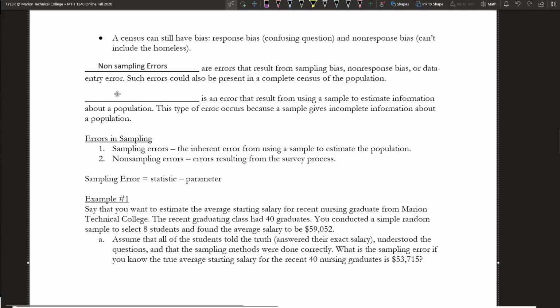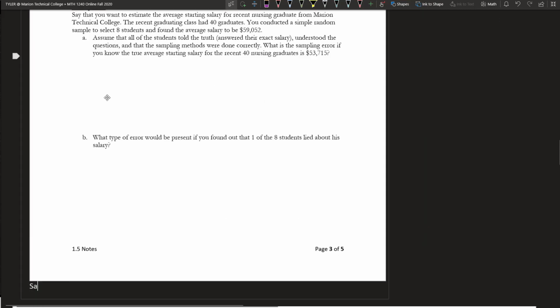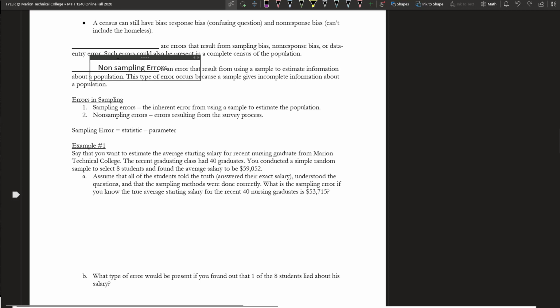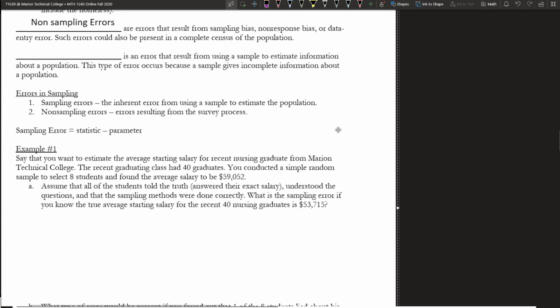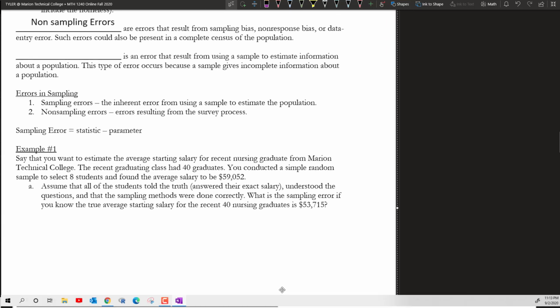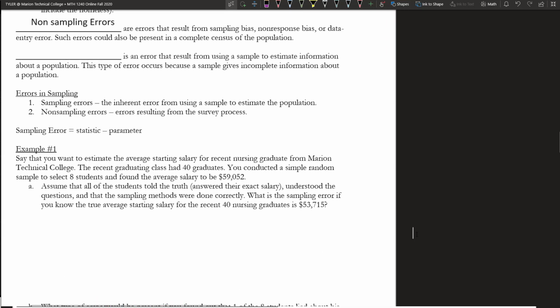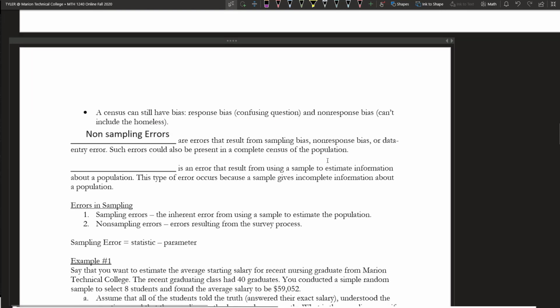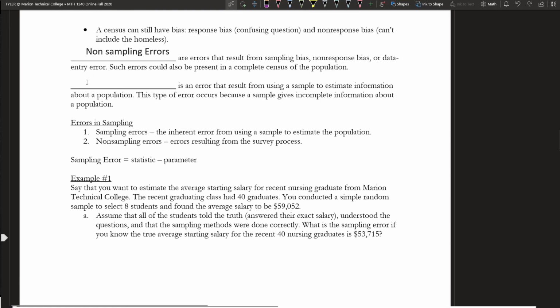Right? So then the next error is called sampling error. Right?